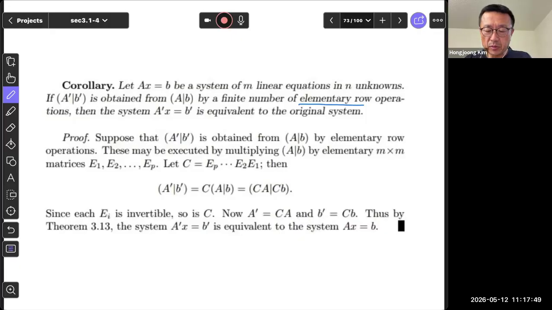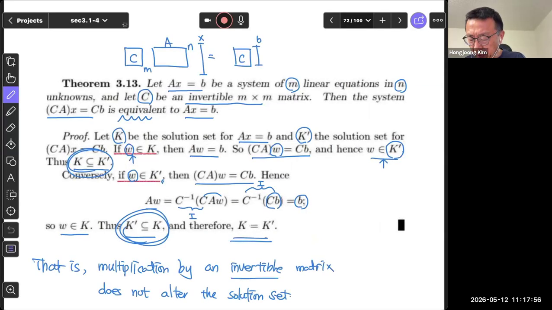Now, what does that mean? This corollary says that any invertible matrix, say an elementary matrix, does not change the solution set. Now, multiplication by an elementary matrix is the same as performing an elementary row operation.